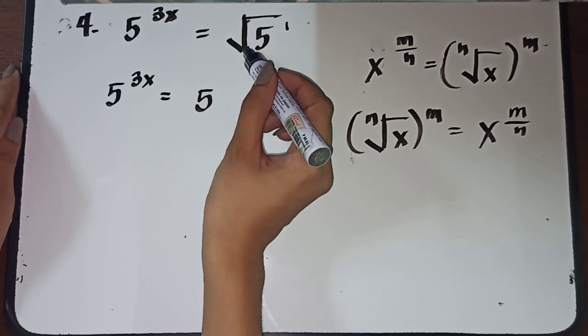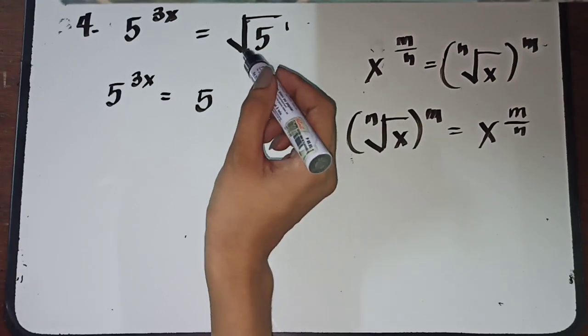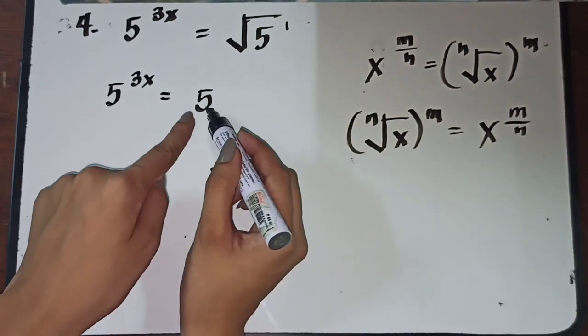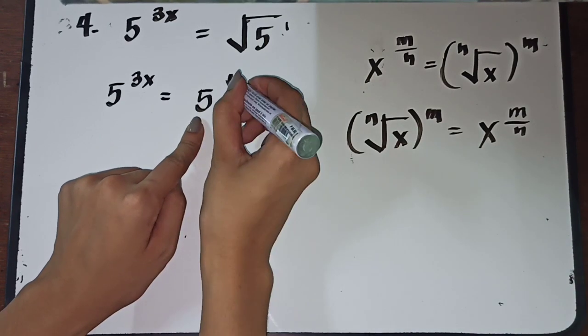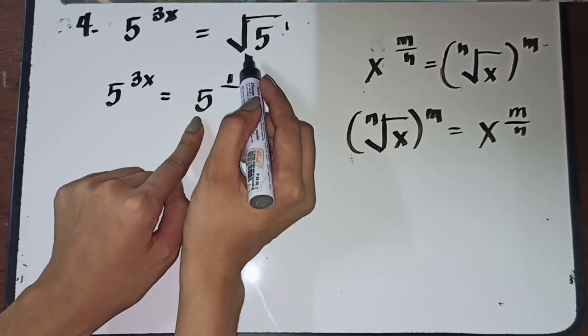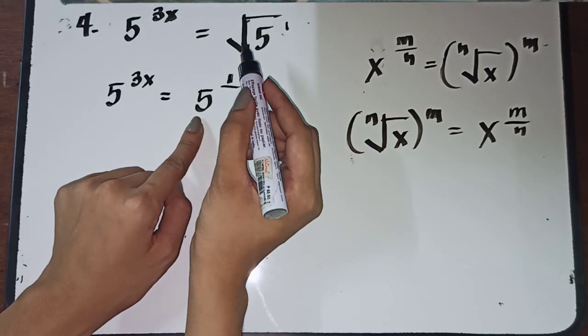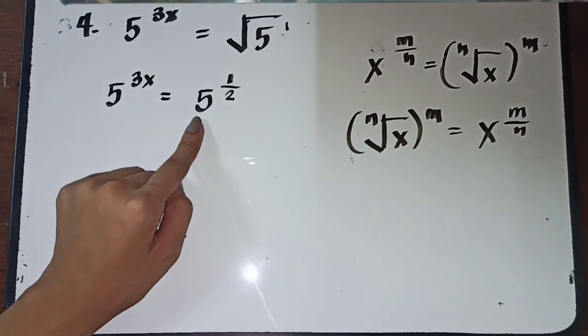Okay, so kapag square root po, ang index natin ay 2. So, ibig sabihin, this square root of 5 is just the same with the exponent, which is 1, over the index. Since this is square root, again, kapag square root, ang index natin ay 2. So, 1 over 2.